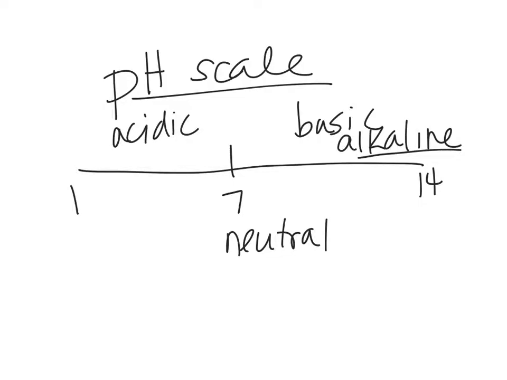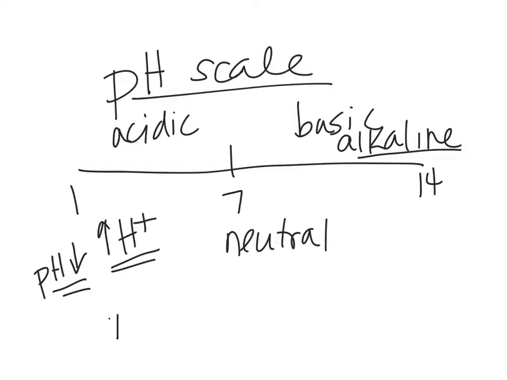The more acidic you are, the more hydrogen ions you have. So there's an inverse relationship. When pH goes down, the number goes down, hydrogen ions go up.